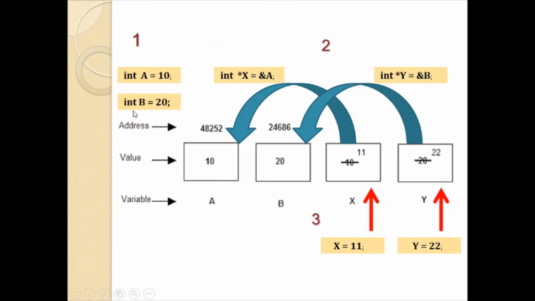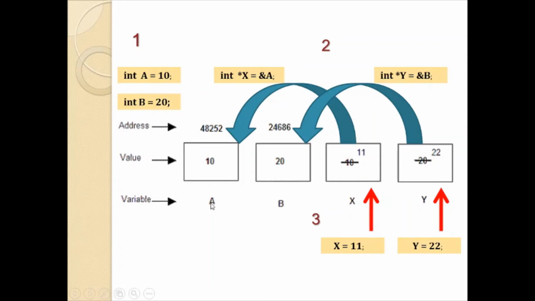Here one example we have taken, that is in first step we have declared and initialized two variables a and b. A we have initialized to value 10, b initialized to value 20.